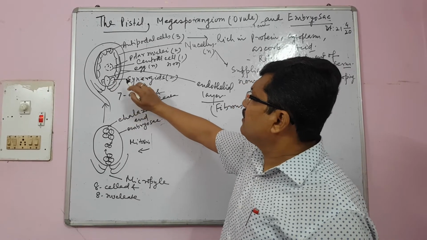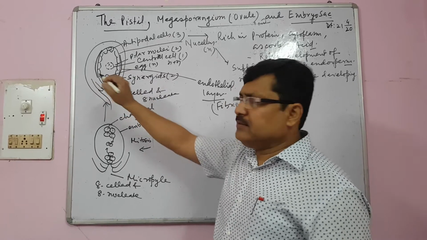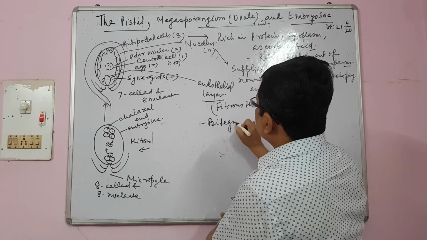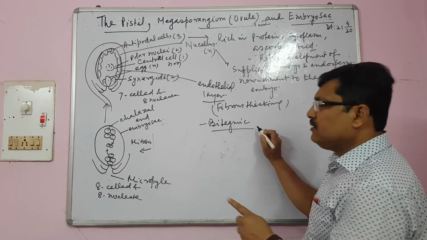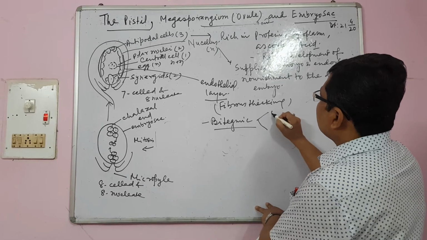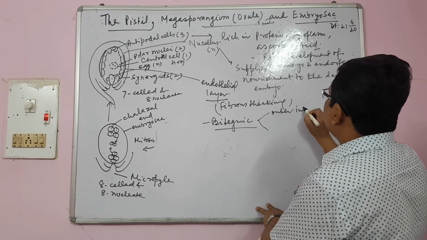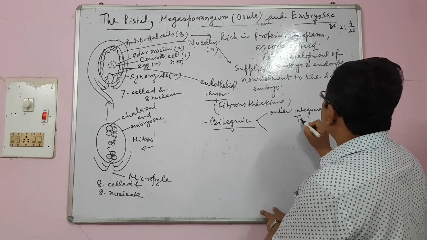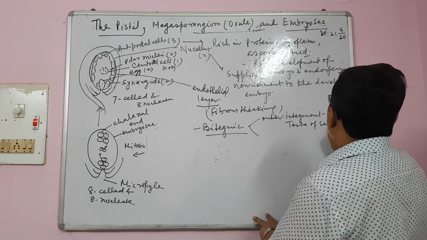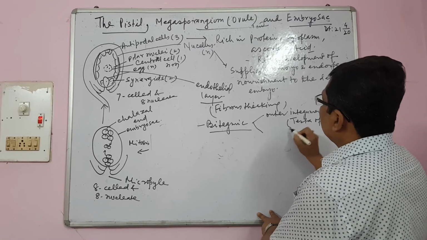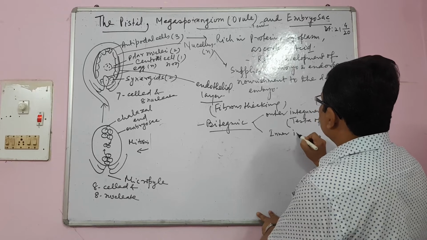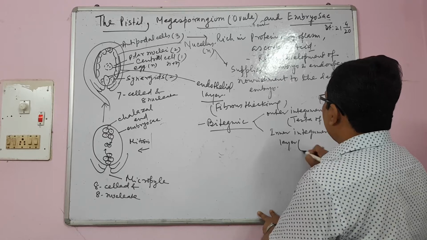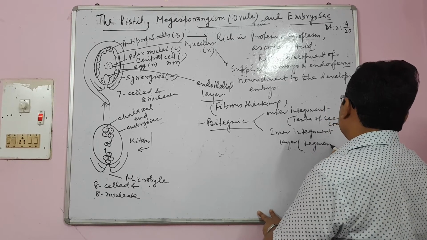Now, the integument: if bitegmic, the outer integument will form the testa of the seed coat, whereas the inner integument layer forms the tegmen.